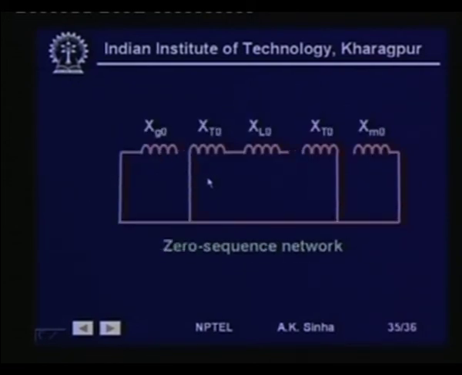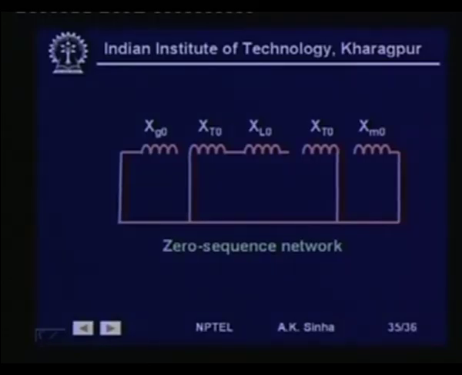This is the zero sequence reactance of the transmission line, which is equal to Zs plus 2Zm, and again this is the transformer, and this side is star ungrounded, so this is open, and this side is delta, so the winding is connected to the reference. Then again here is the zero sequence reactance of the motor, which is placed here, and this will be the reference. So, this is the zero sequence network.